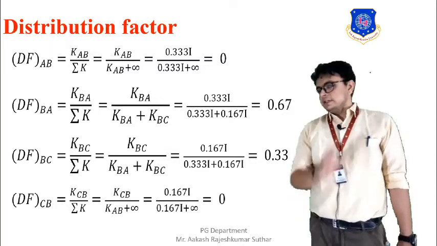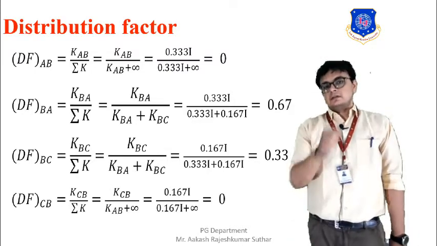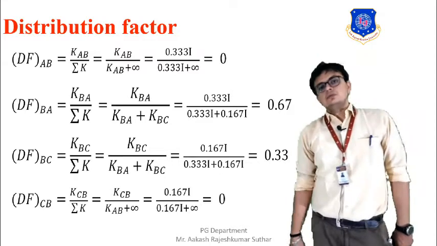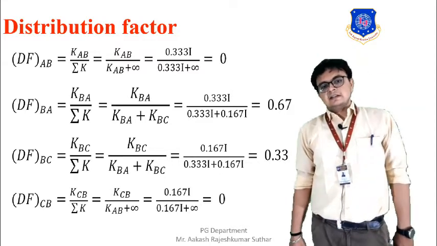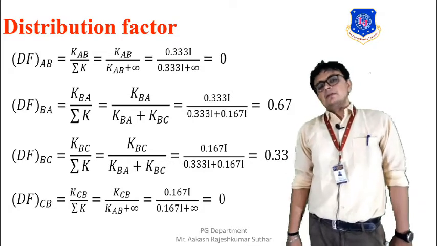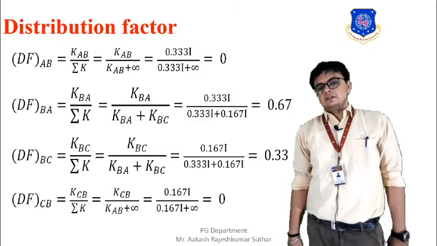Here, in this first distribution factor, we are just dealing with the AB member. So we have to get the distribution factor of AB and divide it by the summation of all the distribution factors.